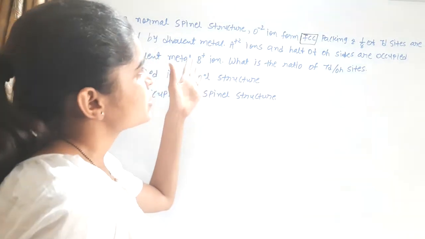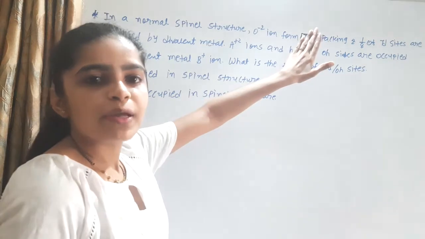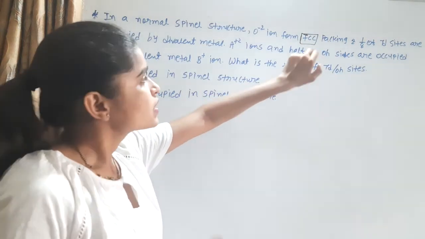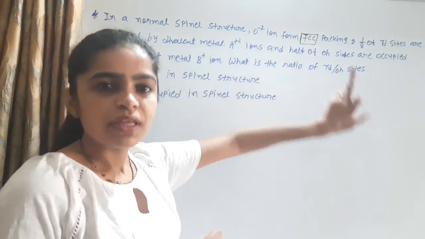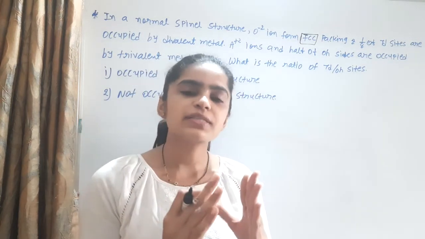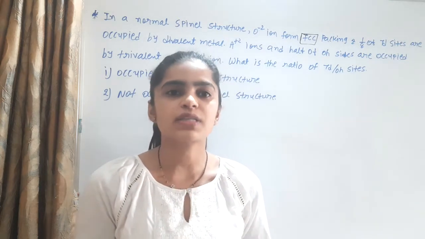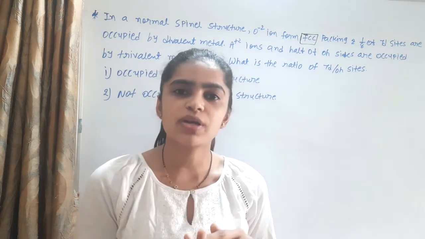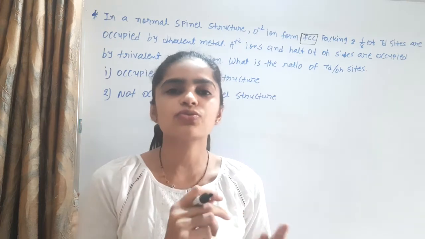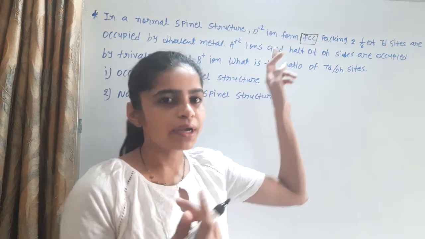In this question, the formula is not given, so we find out the number of atoms present in the unit cell. In the given FCC, 6 faces are present, and in 6 faces the contribution is 1/2, so it gives a total of 3 atoms. And 8 corners, contribution 1 by 8, give 1 atom. So 3 plus 1 is equal to 4 atoms. So FCC gives 4 atoms.